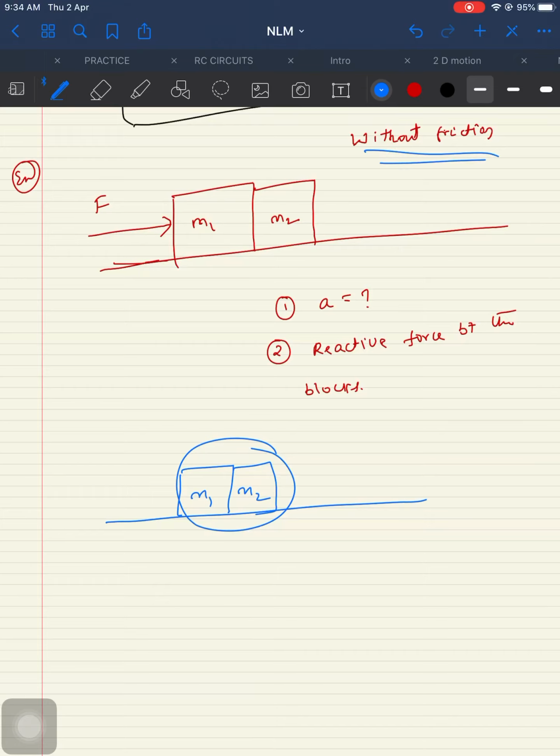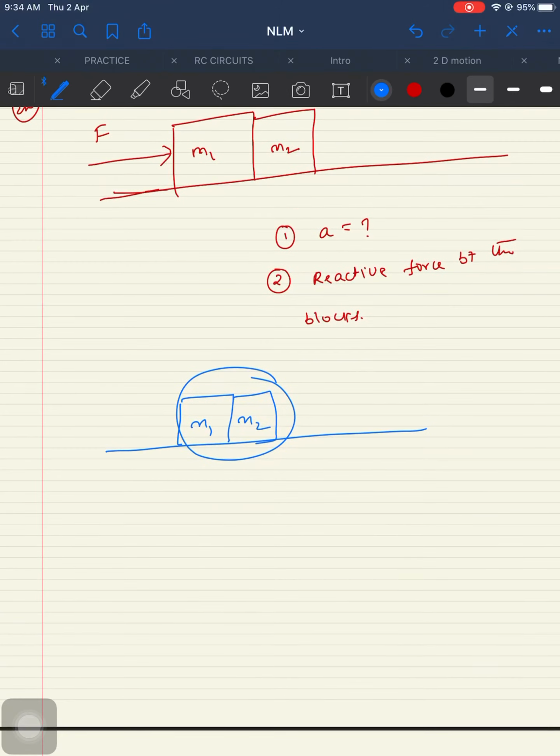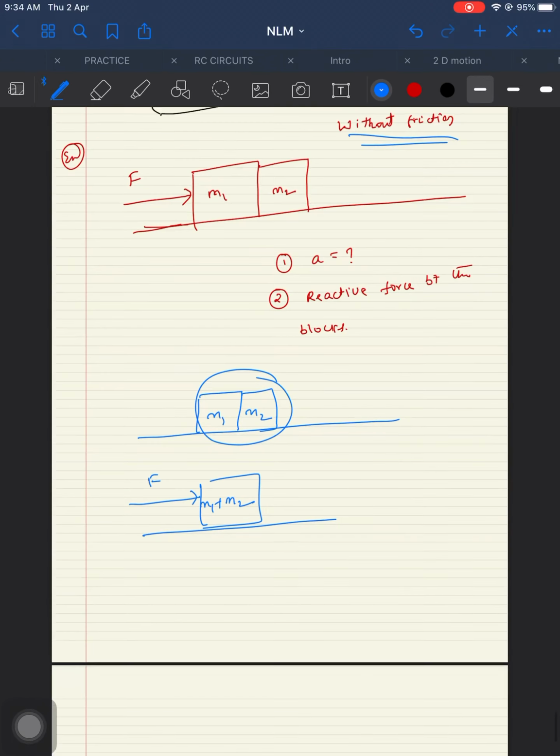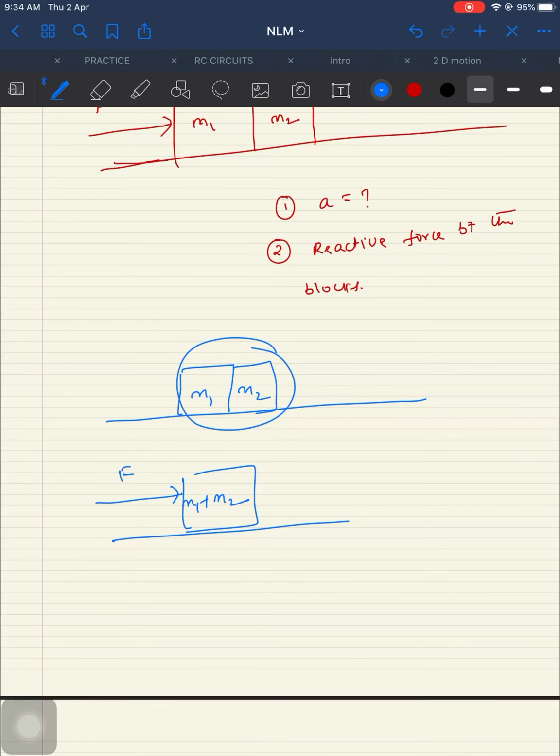So m1 and m2 as a single block, I get the total mass as m1 plus m2. This is the force. There is no friction, no opposing force, so F is equal to ma. F is equal to (m1 plus m2) multiplied by A, so A is equal to F over (m1 plus m2). This is the easiest question.